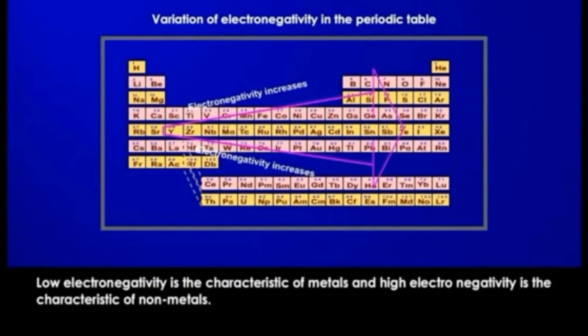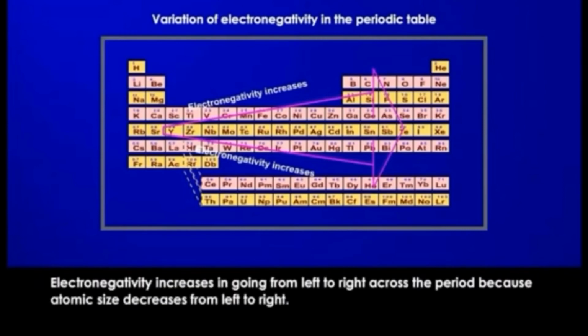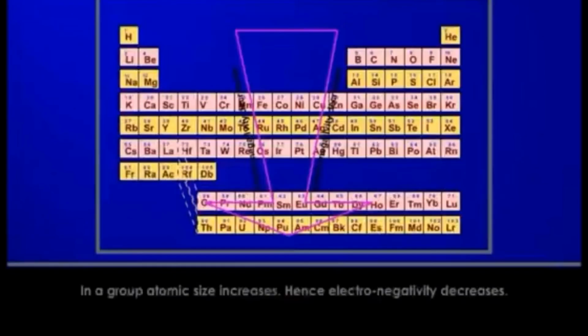Low electronegativity is the characteristic of metals and high electronegativity is the characteristic of non-metals. Electronegativity increases from left to right across the period because atomic size decreases from left to right. In a group, atomic size increases, hence electronegativity decreases.